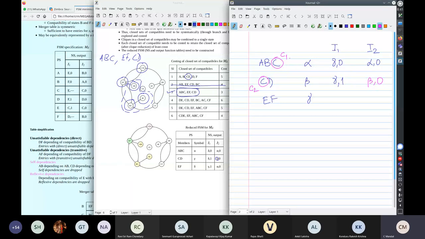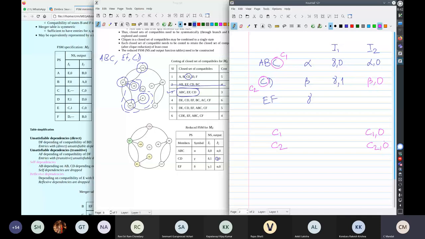So if you think of the transition of C, the transition of C1 on I2 is C1, an output of 0, and the transition of C2 on I2 is going to C2 on 0.